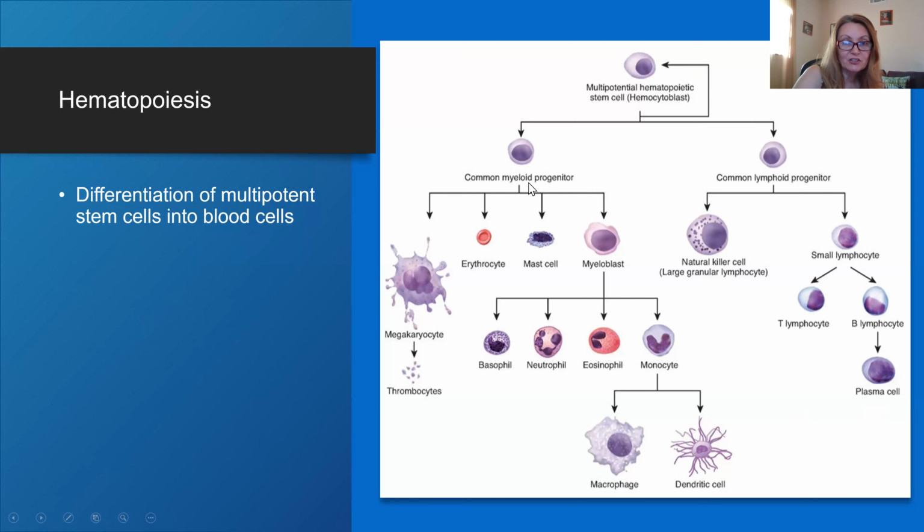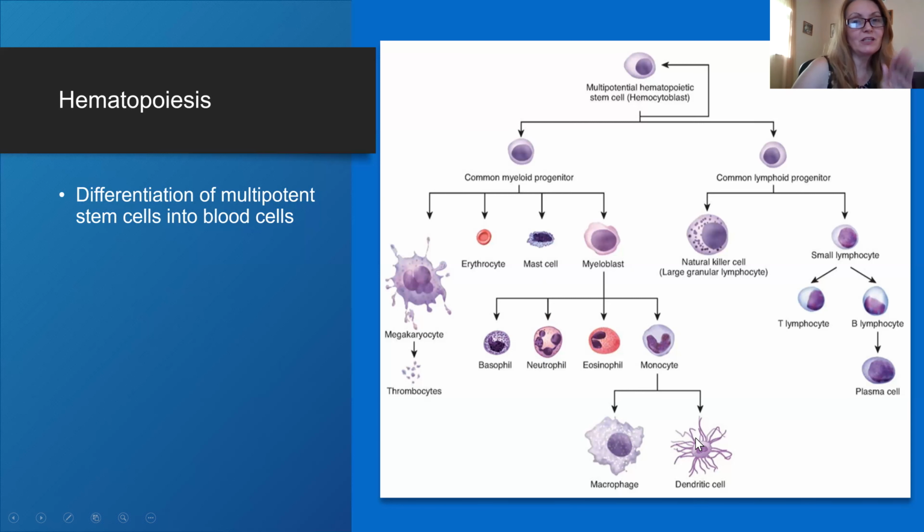Now, myeloid progenitor cells give rise to the rest of your blood cells, right? So they give rise to megakaryocytes that form platelets, erythrocytes, mast cells, and myeloblast cells that are progenitors for basophils, neutrophils, eosinophils, and monocytes, which become, let's say, macrophages and dendritic cells.